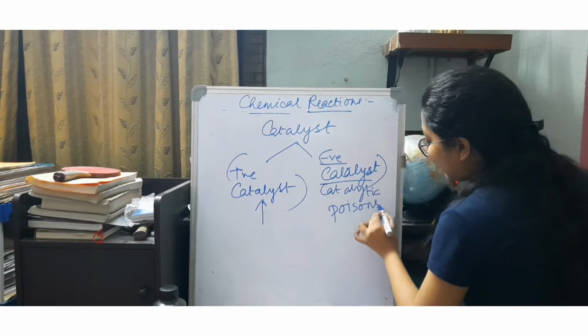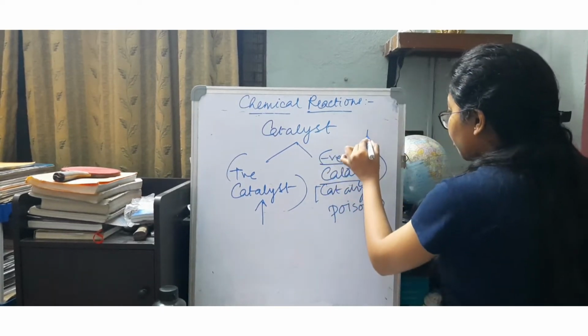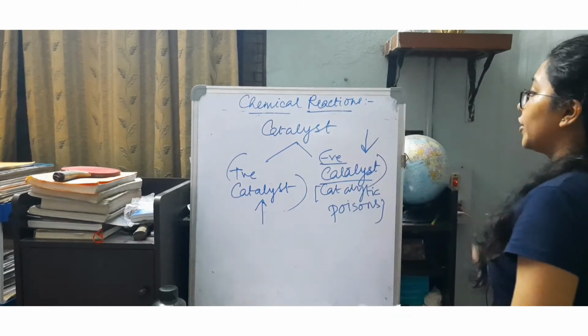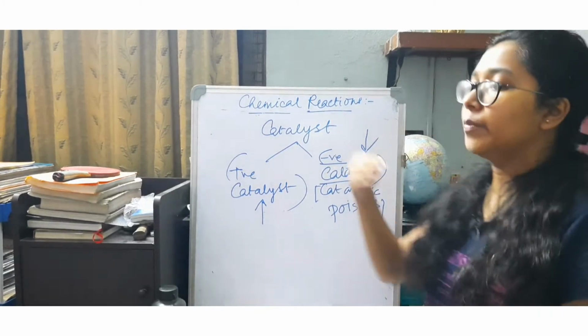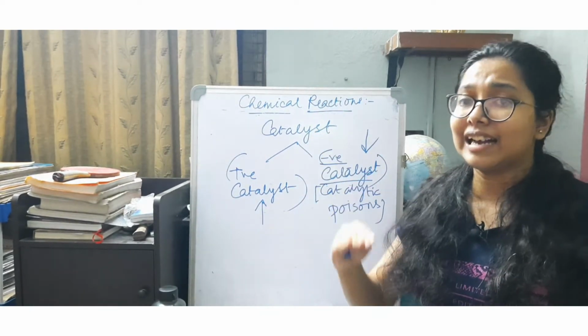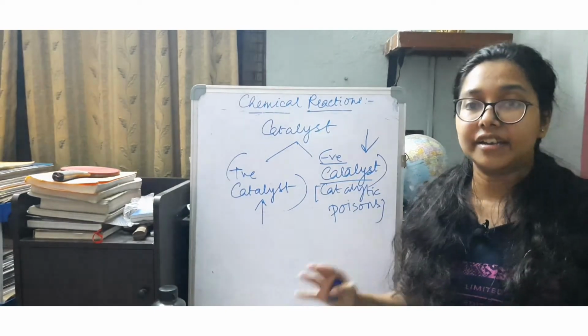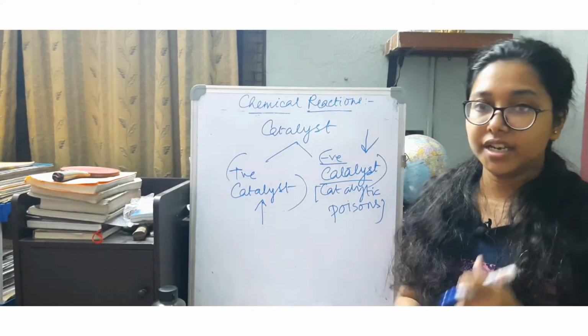Negative catalysts generally have a tendency, as the name suggests, to lower the speed of the reaction. That is, the reaction will go at a slower rate, or the reaction will have a decrease in its speed when there is a negative catalyst used with the particular reactant.